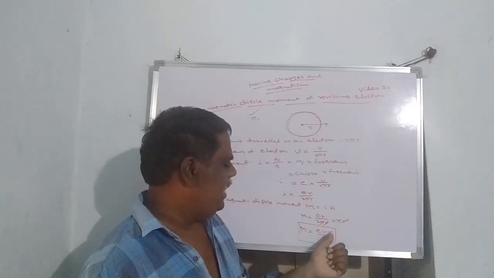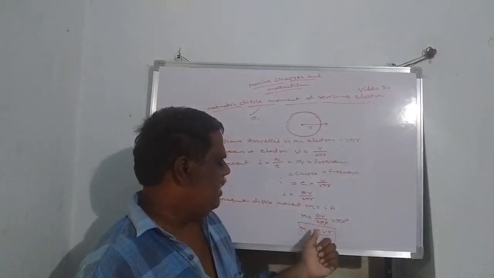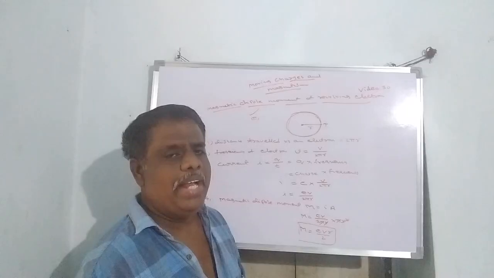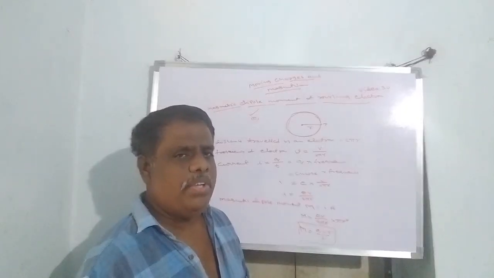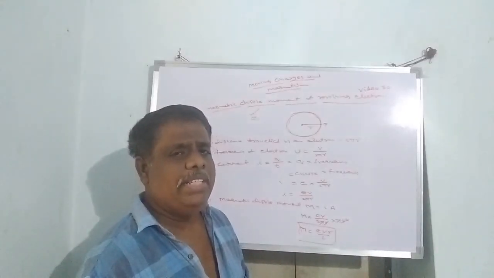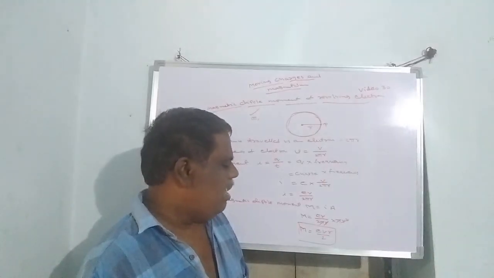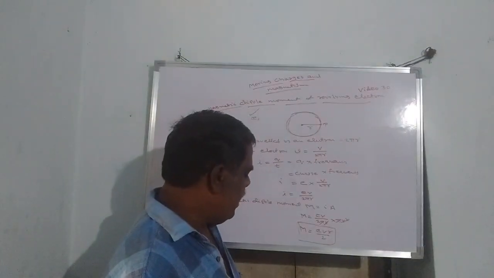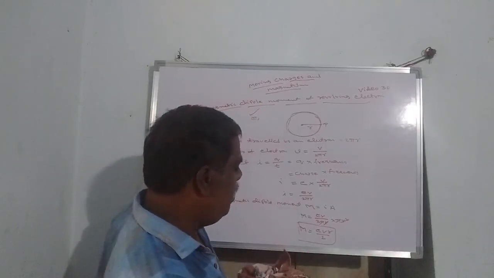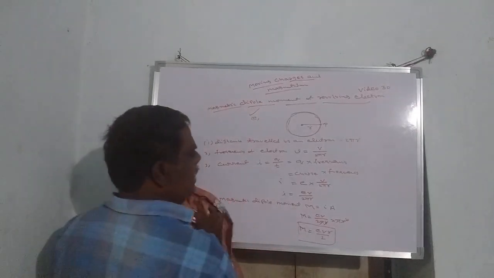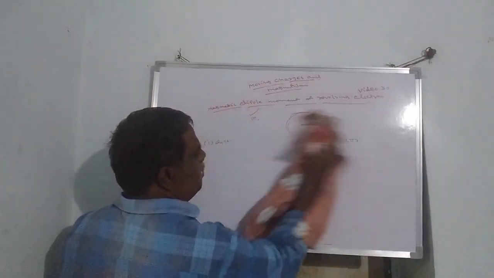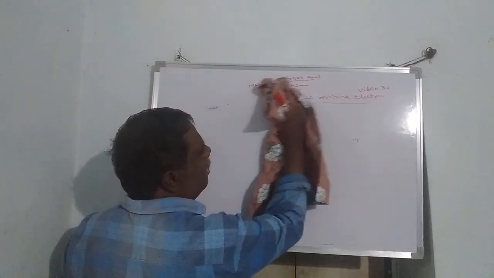So, after cancelling, we finally get M is equal to evr by 2, where M is the magnetic dipole moment, e is charge of electron, v is velocity of the revolving electron, r is radius of the orbit. So this is about magnetic dipole moment of revolving electron.